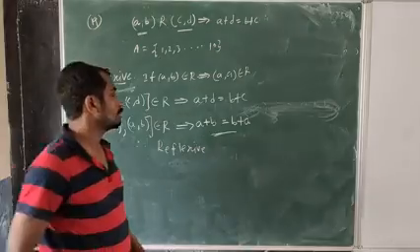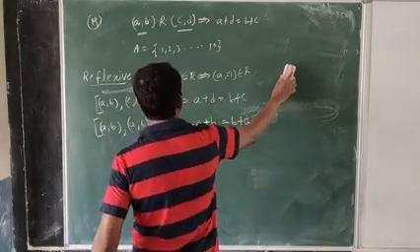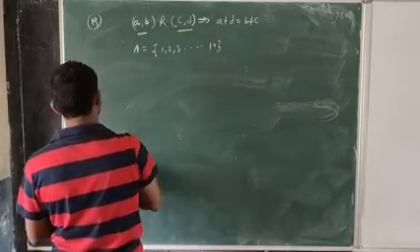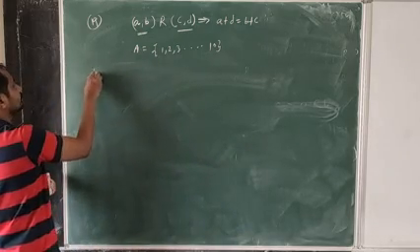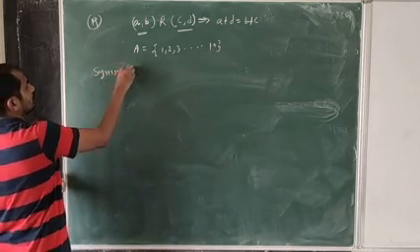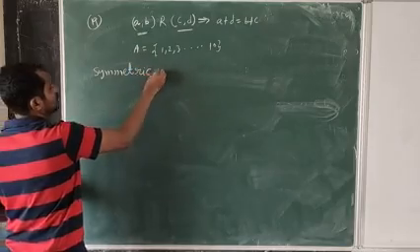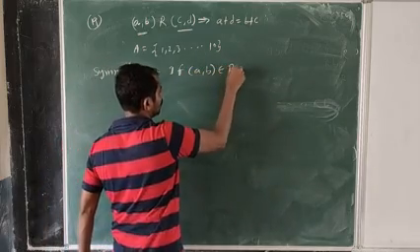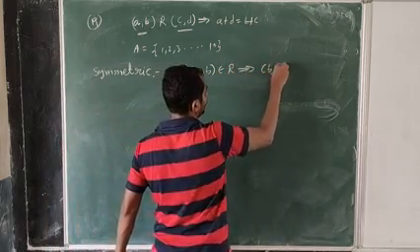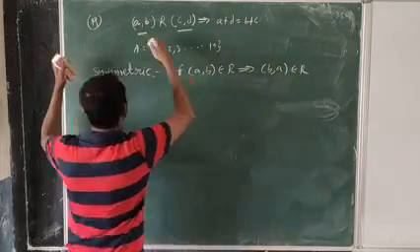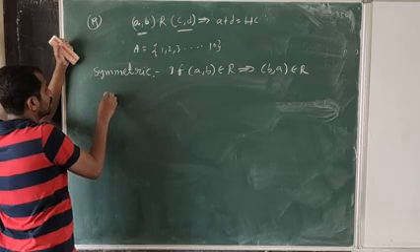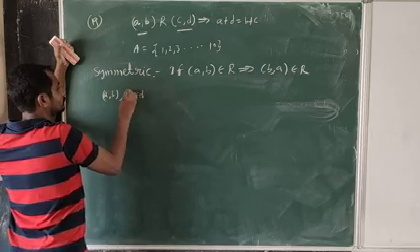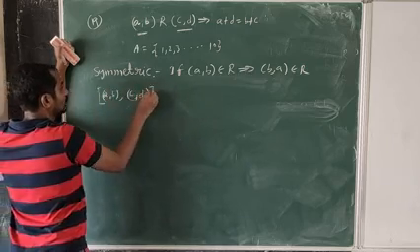Clear. Next, we have to show symmetry. What do we have to show for symmetry? If (A, B) belongs to R, then (B, A) belongs to R. Okay, next, see here, (A, B), (C, D) belongs to R there.